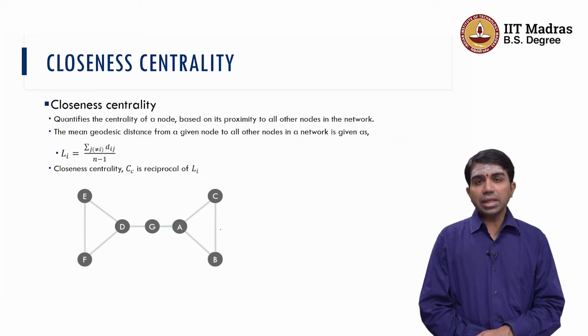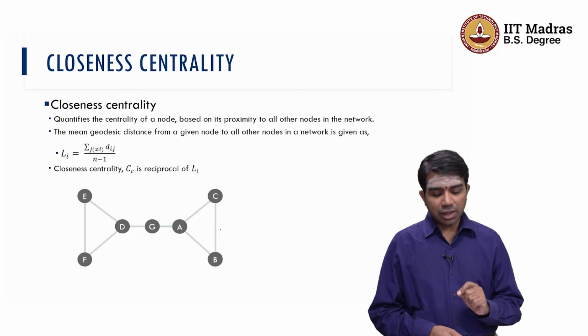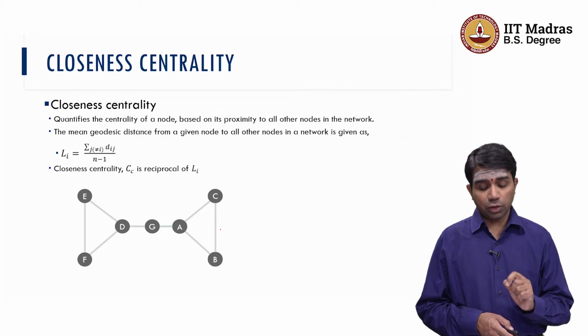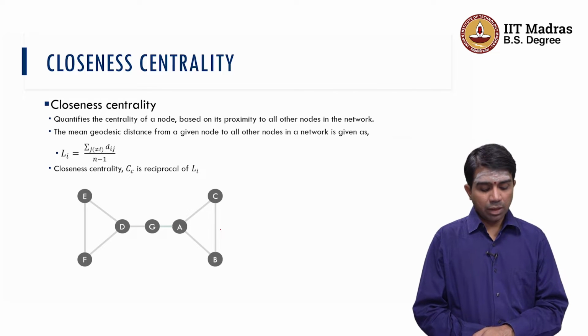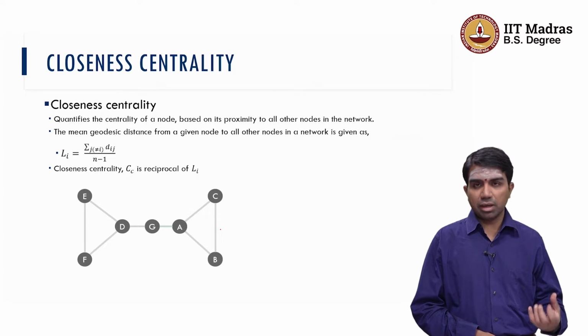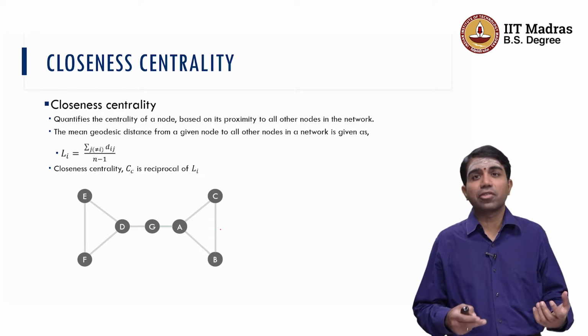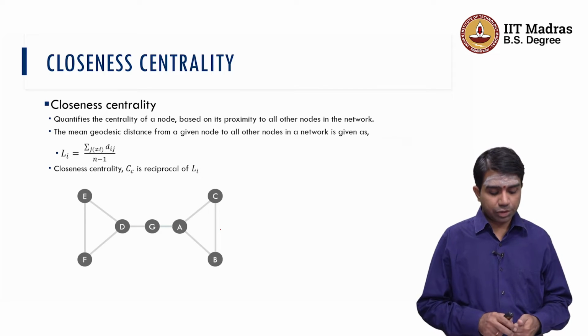The next interesting method is called closeness centrality. Closeness centrality seeks to quantify the centrality of a node based on its proximity to other nodes in the network. First, a measure Li is calculated, which is like farness. How far is a given node from all other nodes?